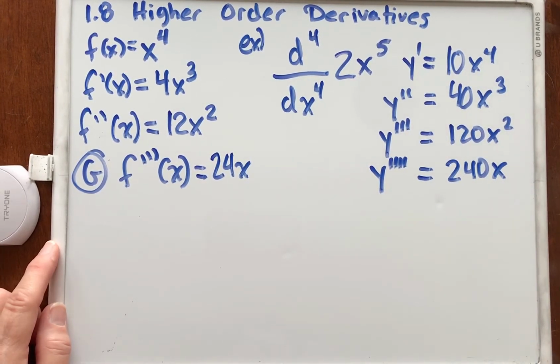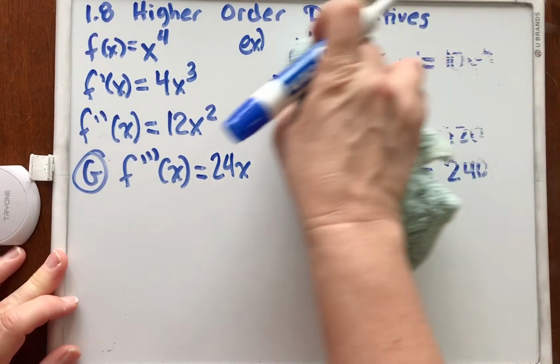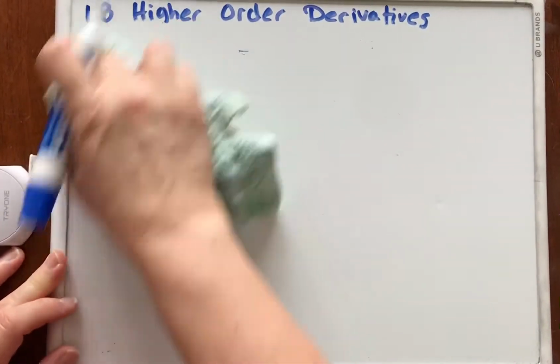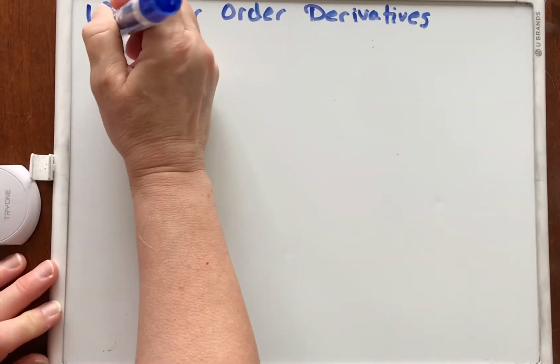Okay, good. All right, now we're going to use the higher order derivatives in a word problem. So here's the example.